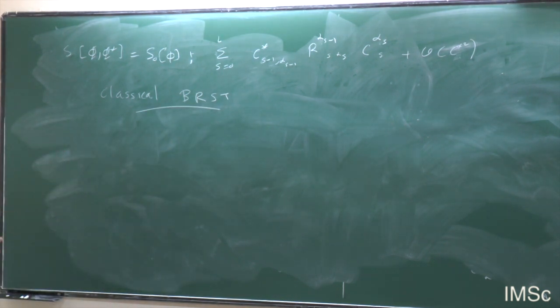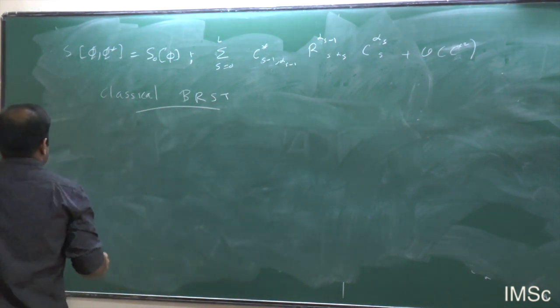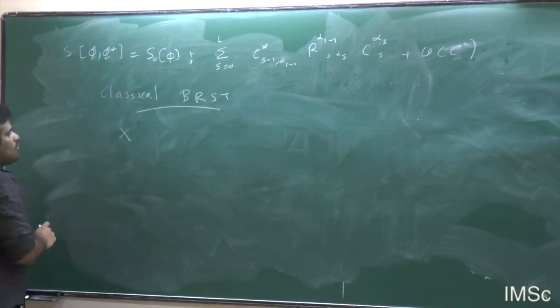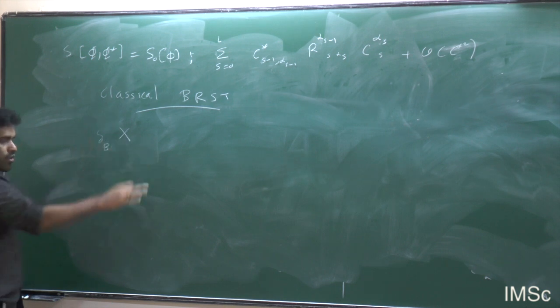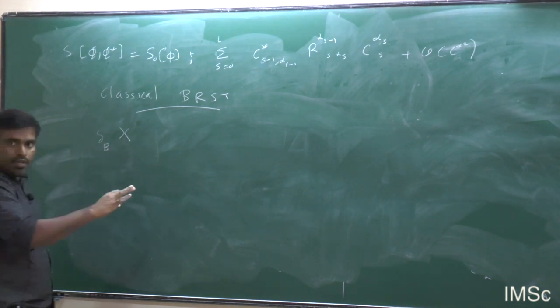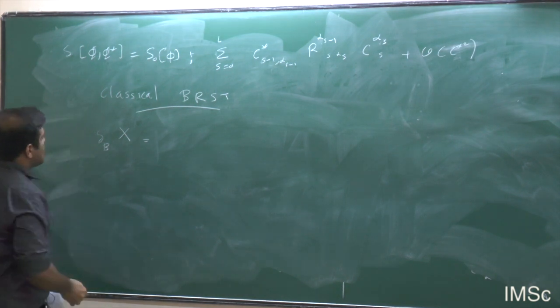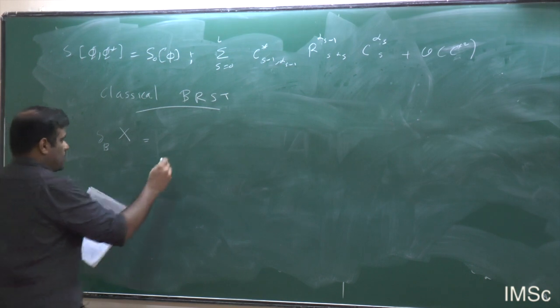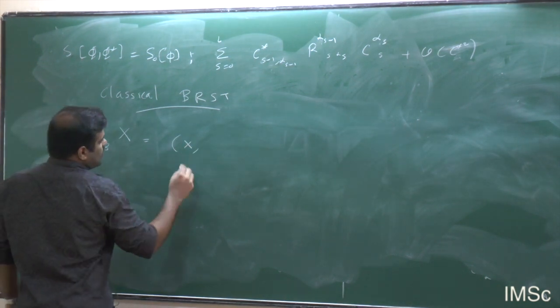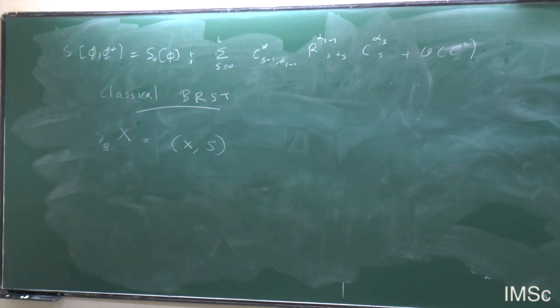I'm going to write down what we mean by a BRST transformation in the BV formalism. Let's start with a field X, and then you want to find a BRST transformation, delta B. Here I am not going to fix any gauge. Without imposing any gauge, I can define an operator delta B through the anti-bracket. You take X and compute its anti-bracket with the action.